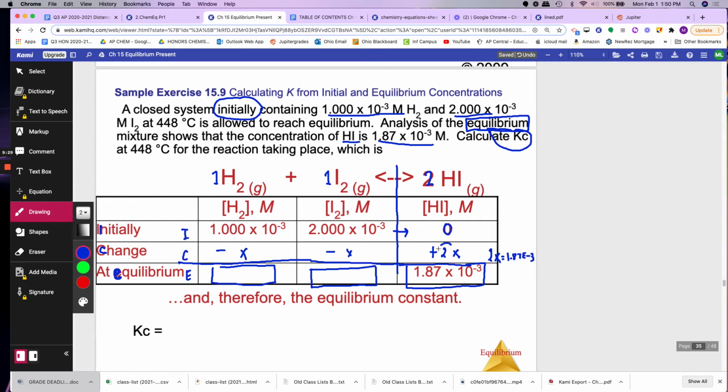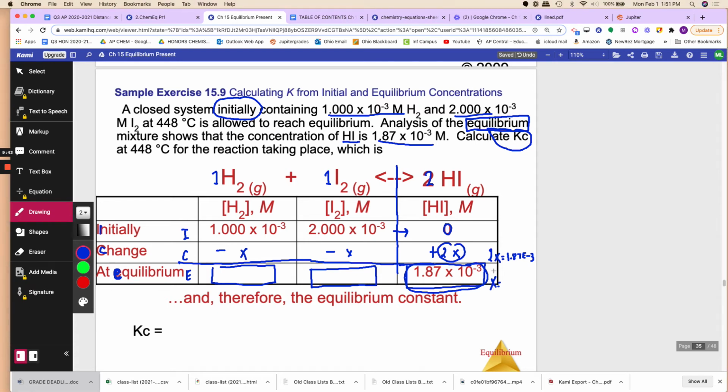So this is what you made, and this is also what you made. So they're equal to each other. Upon solving for x, you should get, pause the video and try to get that, please. 9.35 E negative 4 is what I got.